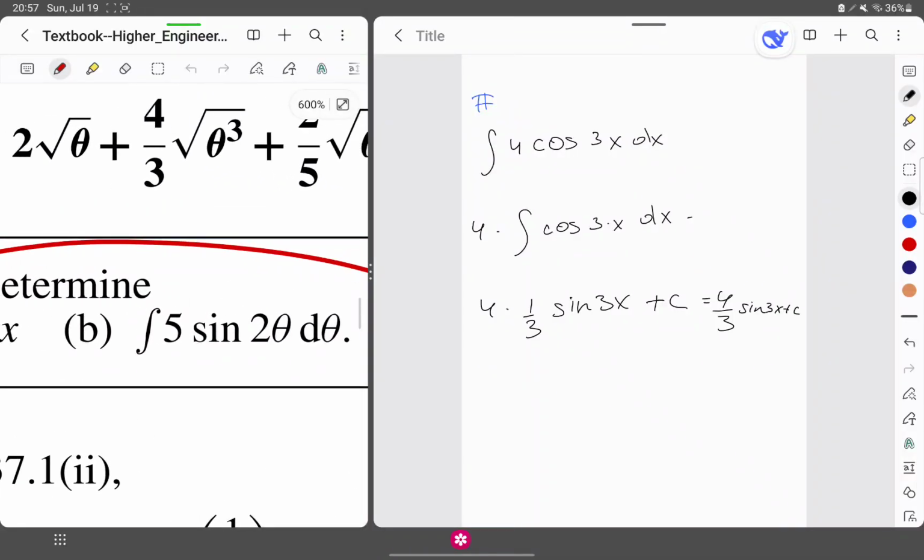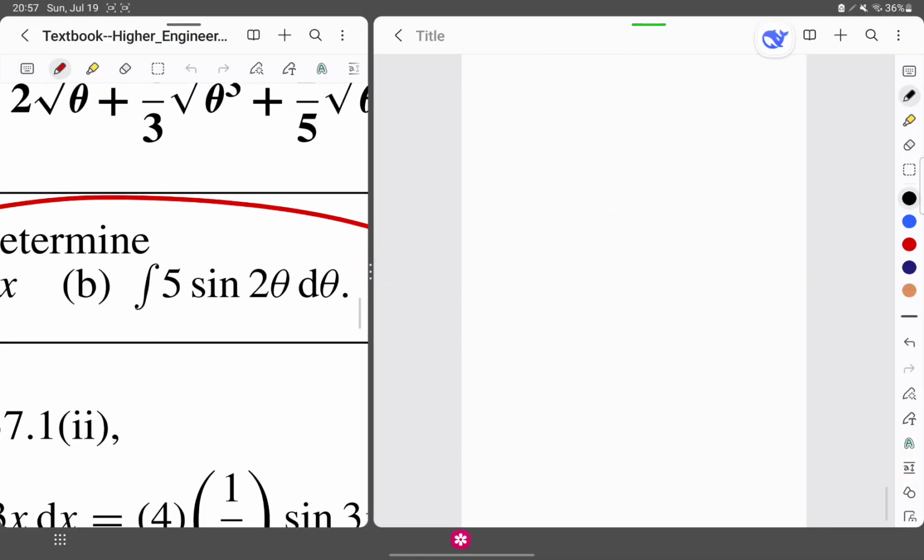Okay, good job. What about this problem? We have the integral of 5 sine 2 theta d theta. Imagine this theta is x, but theta sounds really aesthetic. So 5 times the integral of sine 2 theta d theta.